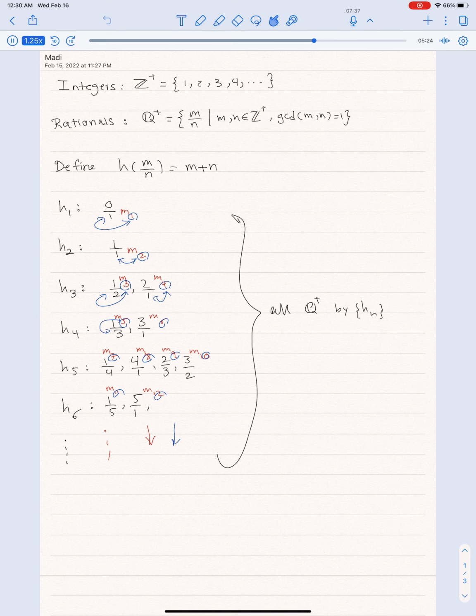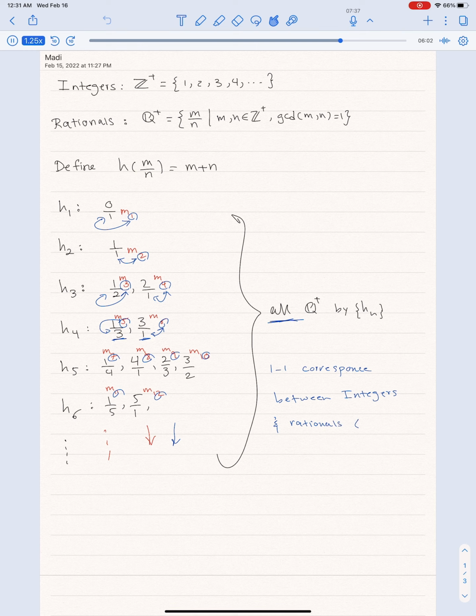We constructed all of them, and we are counting all of them. So we have the same amount. There's a one-to-one correspondence between integers and rationals.